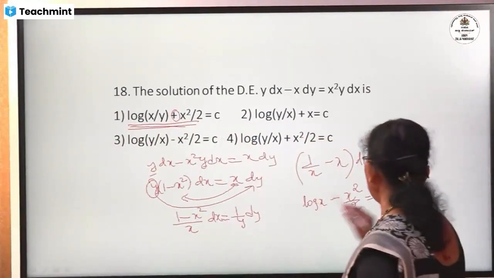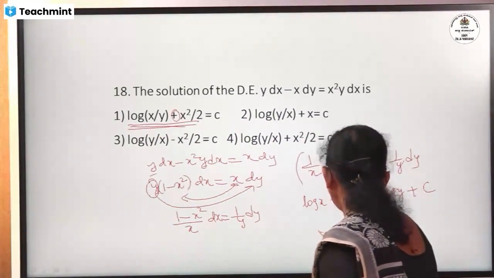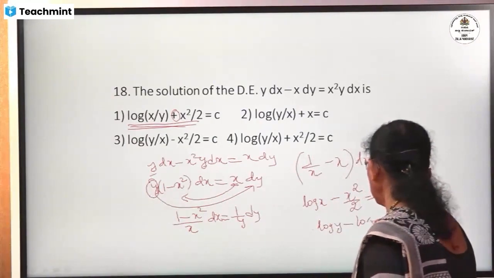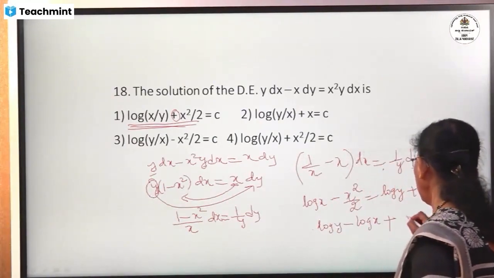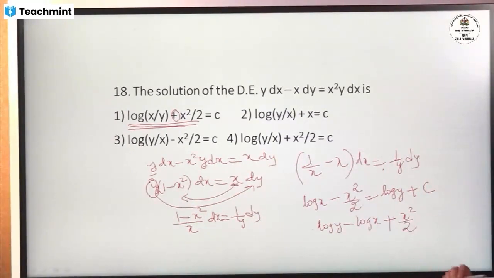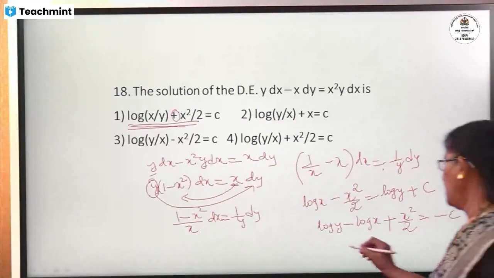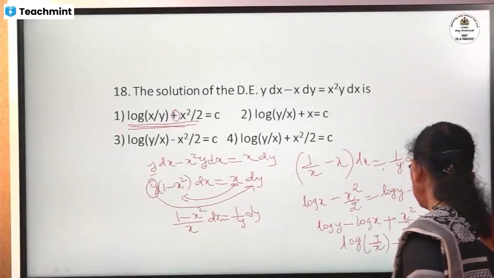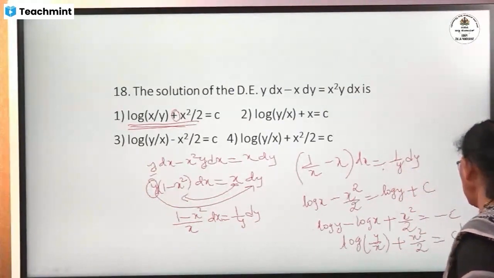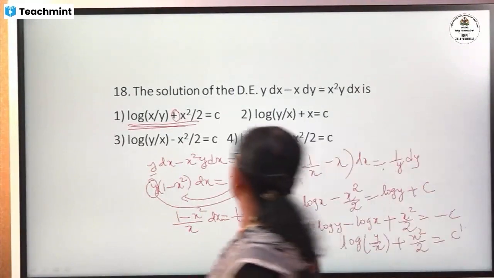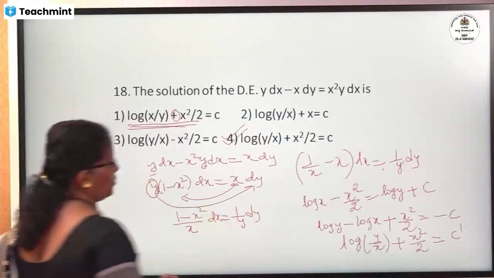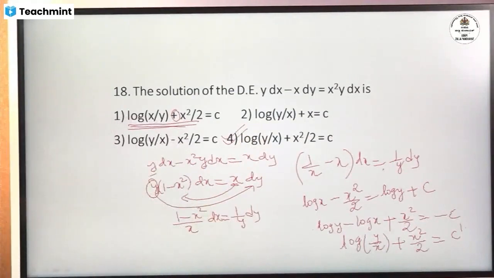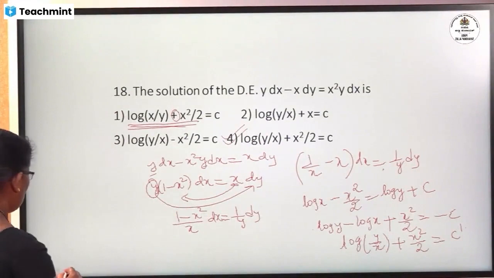Therefore, what I'll do is I'll shift this itself to the other side. I'll write it as log y. I'll shift log x to the other side, it becomes minus log x. I'll shift x squared by 2 to the other side, it becomes plus x squared by 2. I'll shift c to the other side, it becomes minus c. Can you see that now this is log of y by x plus x squared by 2. This minus c, I can call as some c dash. So the answer would be the fourth option. Log of y by x plus x squared by 2 equal to c dash.